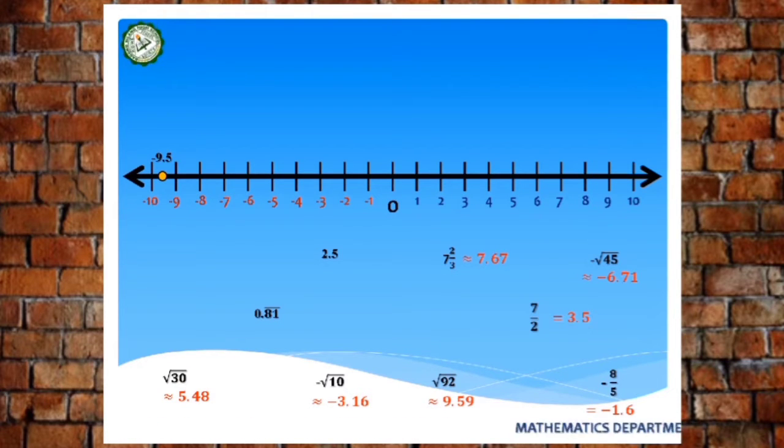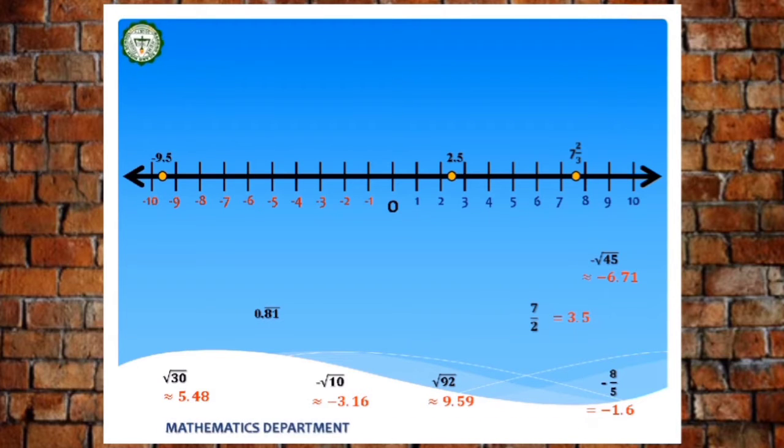Yes, it's between 2 and 3. Where can we locate 7 and 2/3 on the number line? Yes, exactly. It's somewhere between 7 and 8. Then observe where we can locate the rest of the numbers on the number line. You can try to locate the remaining numbers on the number line.